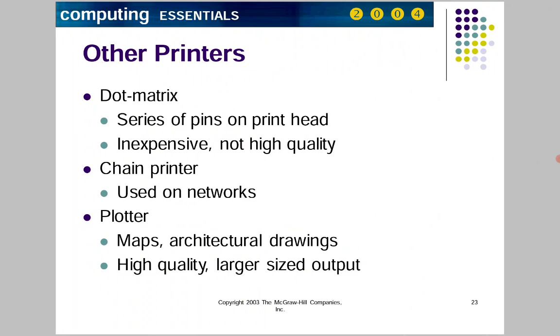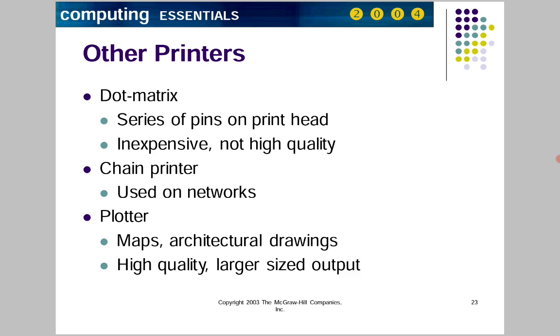Another type of printer is the dot matrix printer. Generally dot matrix printers are cheap, with less quality and low speed. The speed of a computer printer is generally measured by ppm, which means pages per minute. In dot matrix the speed is very low and the quality is low.